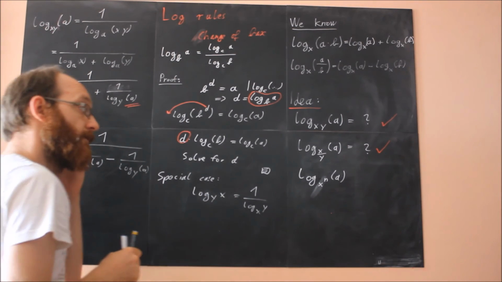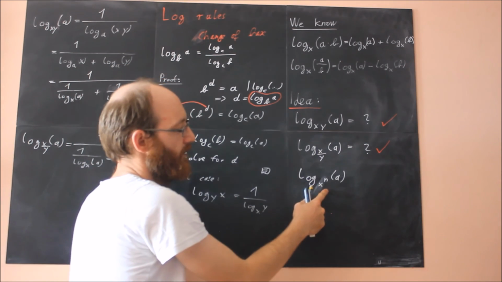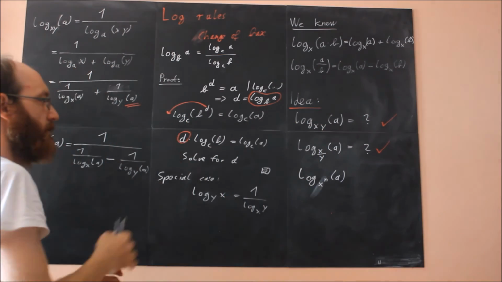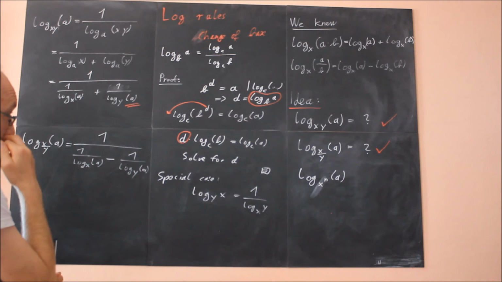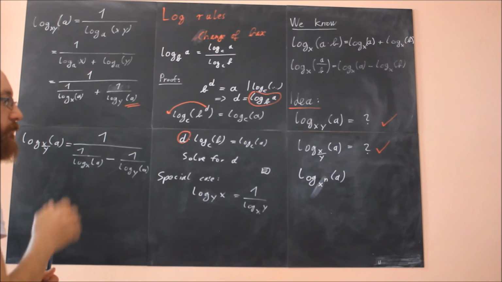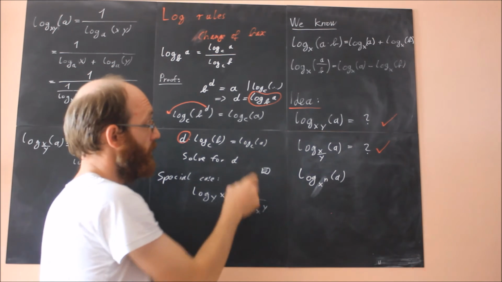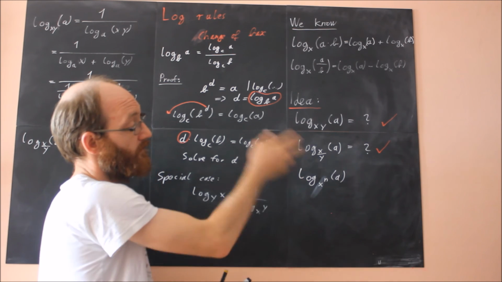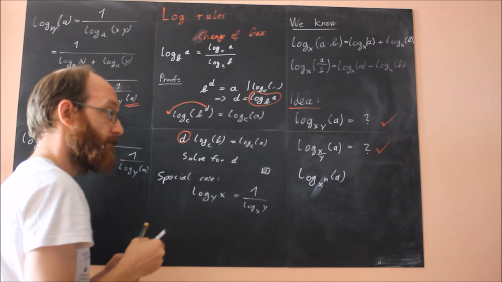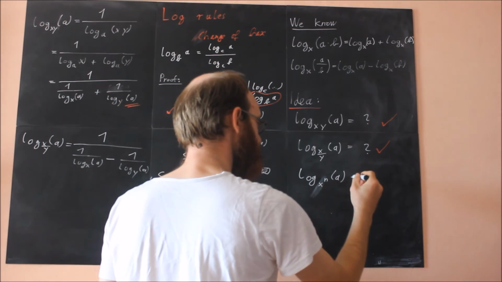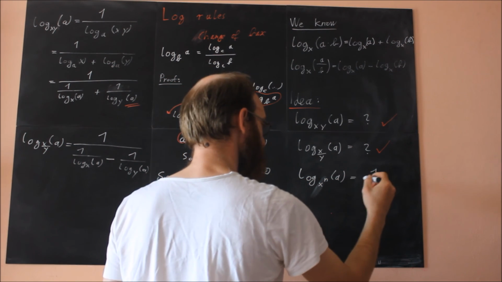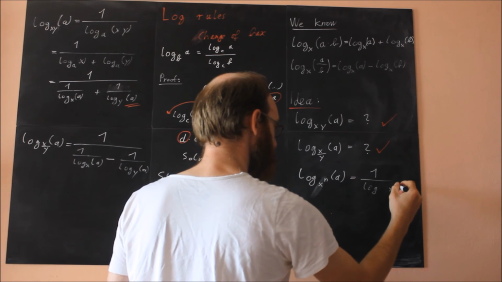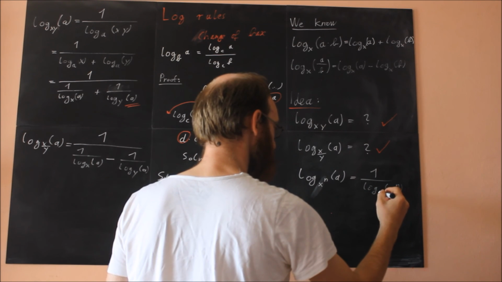For the third, like I said, this is a special case of this, and then we use an inductive argument. But we can also do it with our change of base, so you can try both ways. Here what we find is 1 over the logarithm of x to the power n to base a.